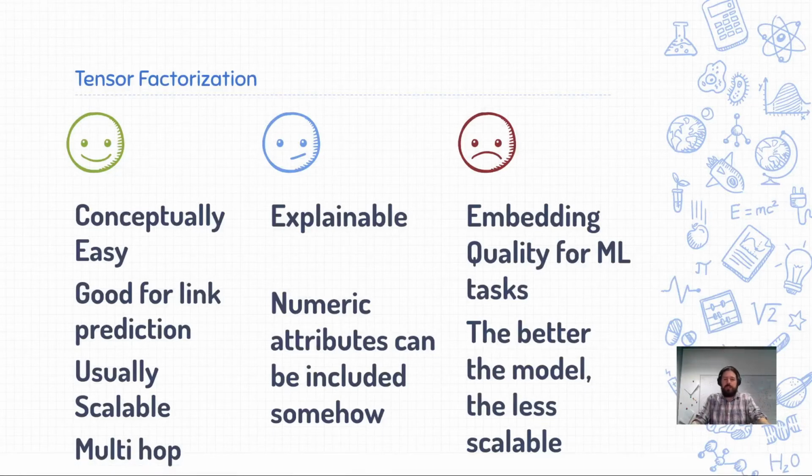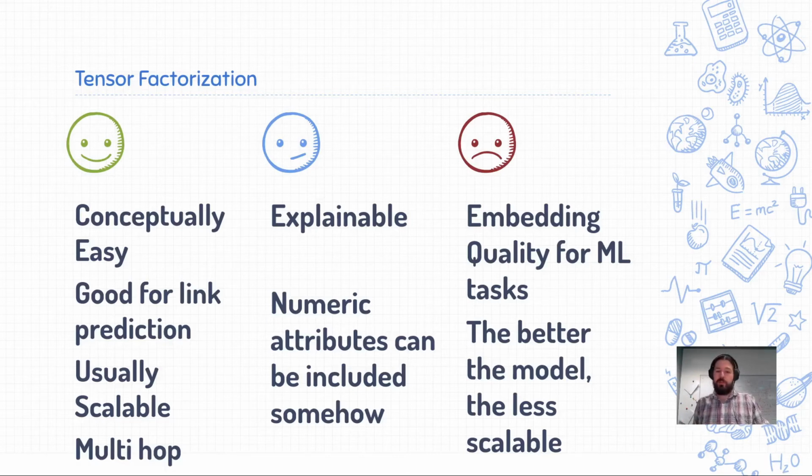Now, tensor factorization is very powerful. It's conceptually easy: you have the big matrix, you decompose it, you restore it back, and you have your link prediction. That's also what it's very good at. There are some recent works which show that even the method I just showed on the slide is extremely powerful, more powerful than some other methods.